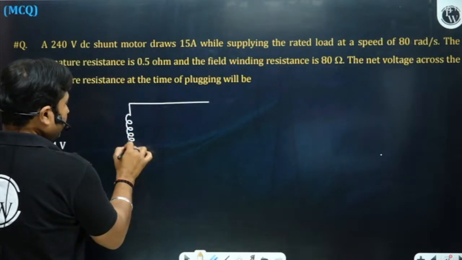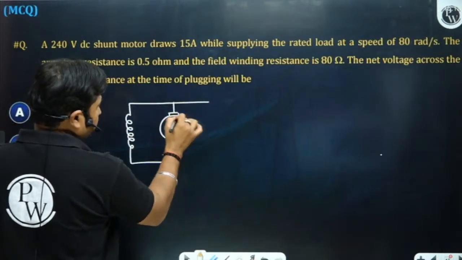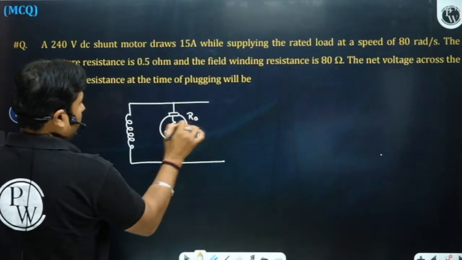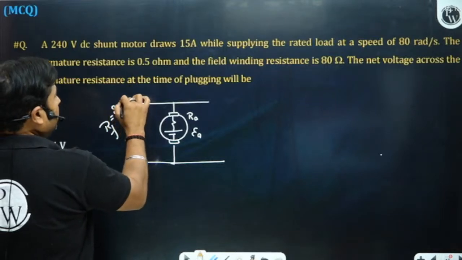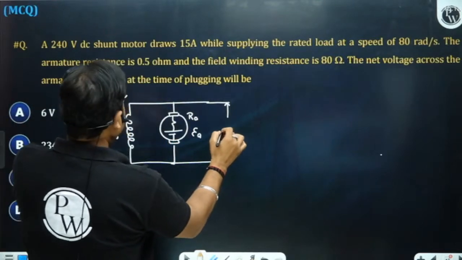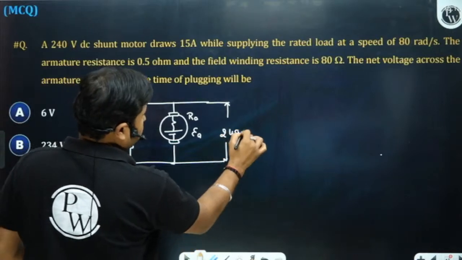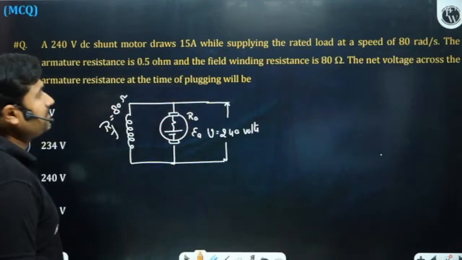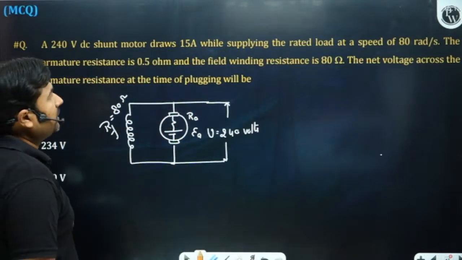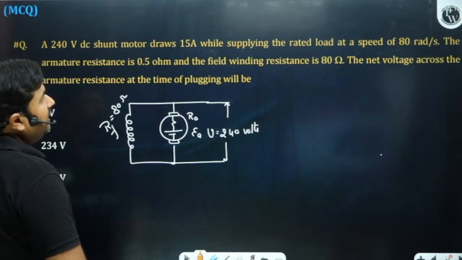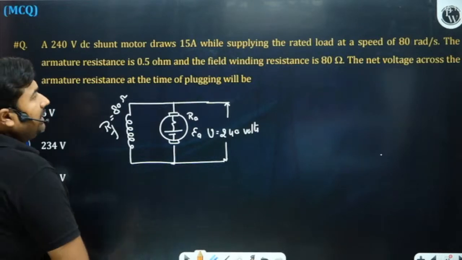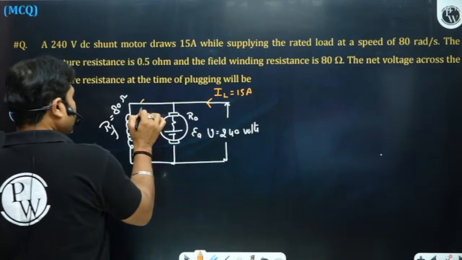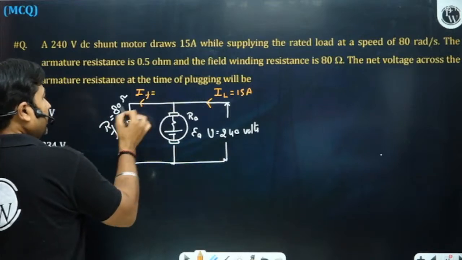So we have the field winding of the shunt machine. What is the field winding resistance? 80 ohm. Terminal voltage applied will be 240 volts, and RA is 0.5 ohm. Machine is taking a load current of 15 ampere while running at 80 radian per second. You can calculate field current 240 by 80, 3 ampere.